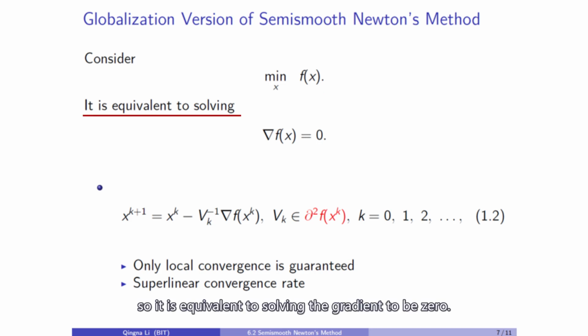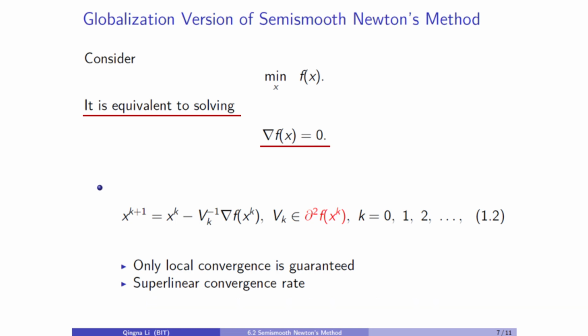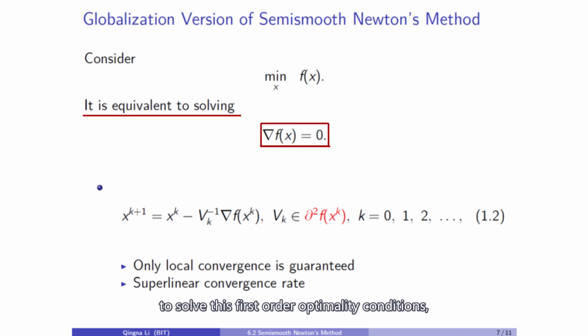So it is equivalent to solving gradient f equal to 0. Then the gradient being 0 is actually the nonlinear equations that we are going to solve with Newton's method or semi-smooth Newton's method.